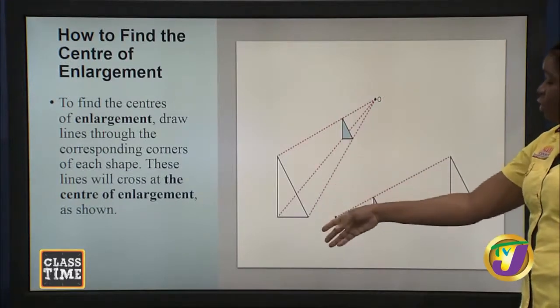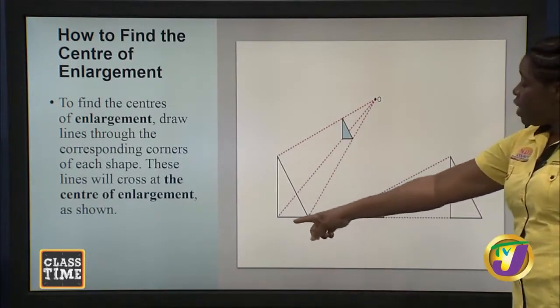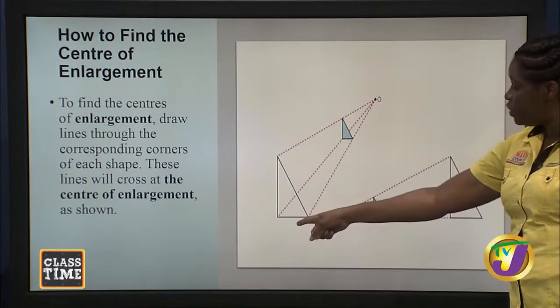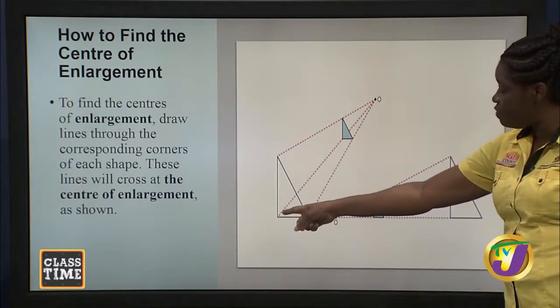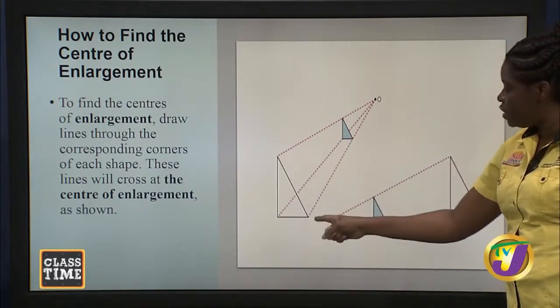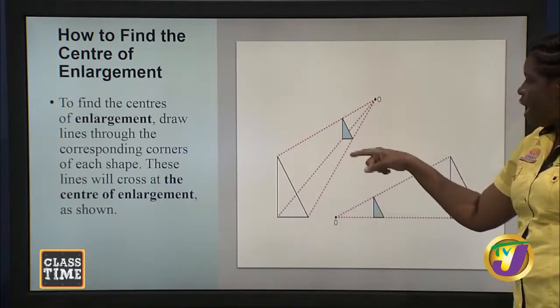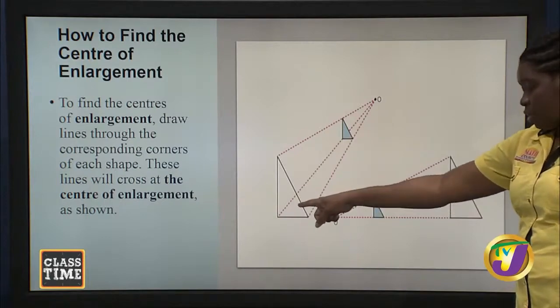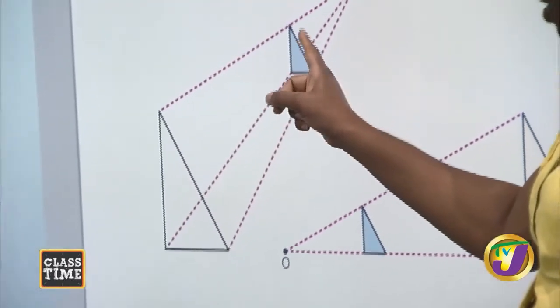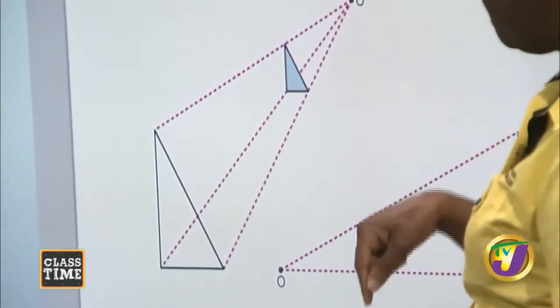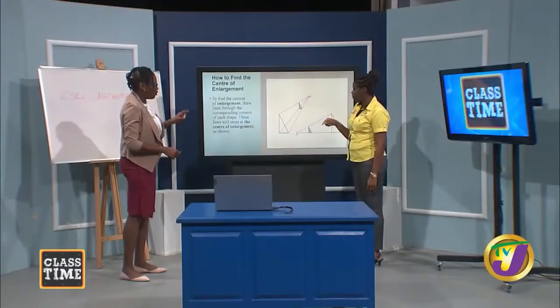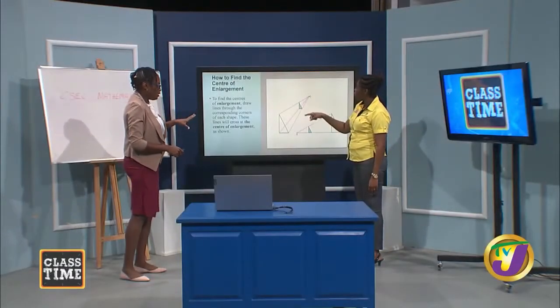Now let us look at the first picture. At the base of this triangle, notice that we have lines extending from the 3 vertices of the triangle. We could call this our object and this our image, or whichever way we want. I think we should call the smaller one our object and the larger one our image.